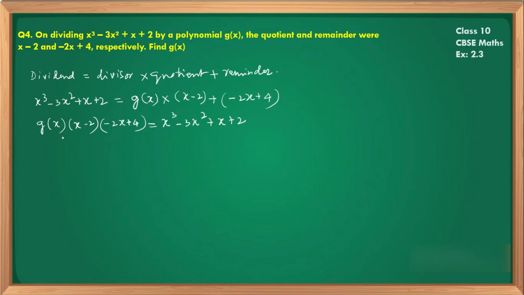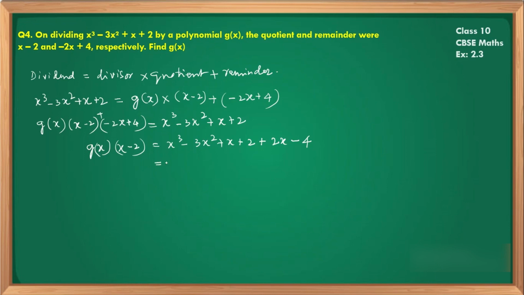Now what we do, we take out gx and x minus 2 in the LHS and we transfer minus 2x this side. X cubed minus 3x squared plus x plus 2 minus 2x comes to the other side. It becomes plus 2x and then plus 4 becomes minus 4.